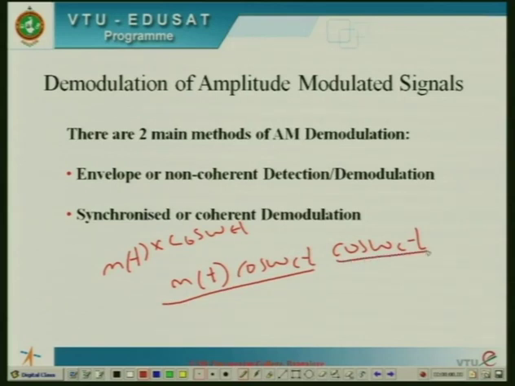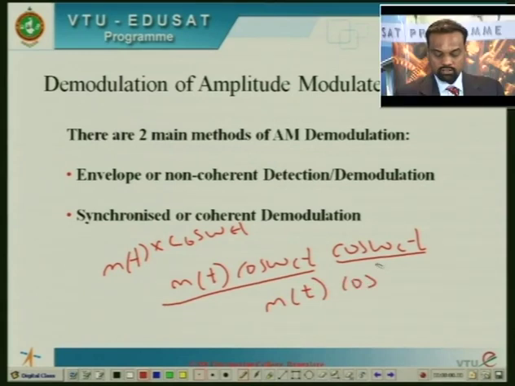So when you take m of t cos of omega ct and multiply it with cos of omega ct, you get m of t into cos square omega ct. This cos square omega ct is obtained because you are multiplying m of t cos of omega ct by the same carrier at the receiver, that is cos of omega ct.